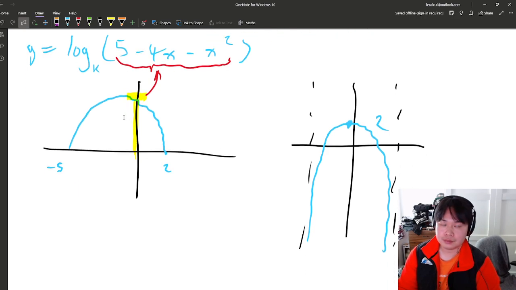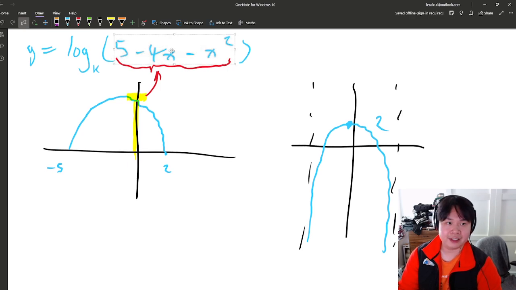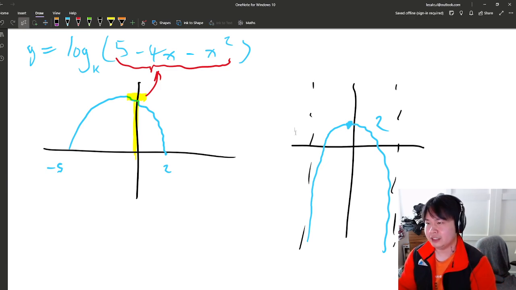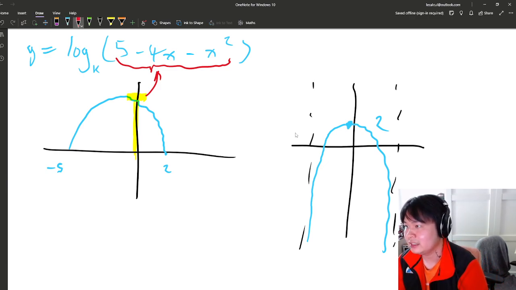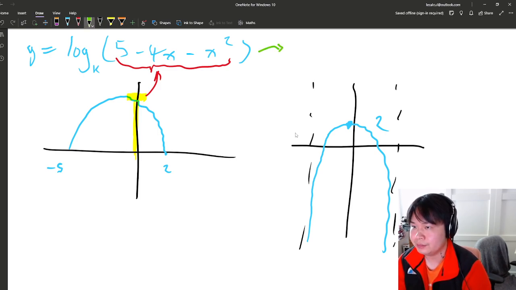So, logically speaking, the larger the y value is, the larger the y value on the log graph is. If you're having a little trouble wrapping yourself around this, think of this in terms of exponential form.